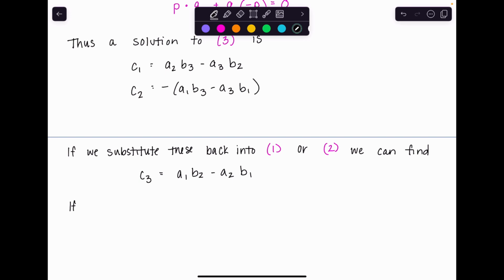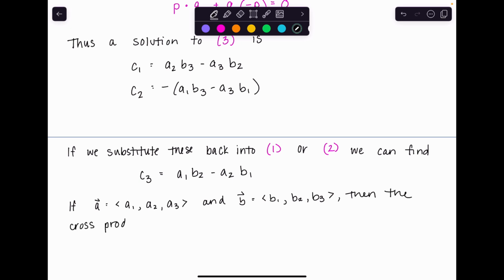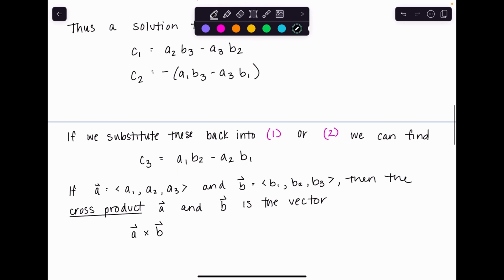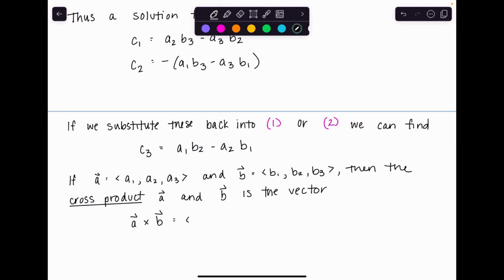So as a formal definition, if A has the components A1, A2, A3, and B has the components B1, B2, B3, then the cross product of A and B is the vector C, which we're going to denote by A cross B, hence we use the cross like the multiplication, which has exactly these components.